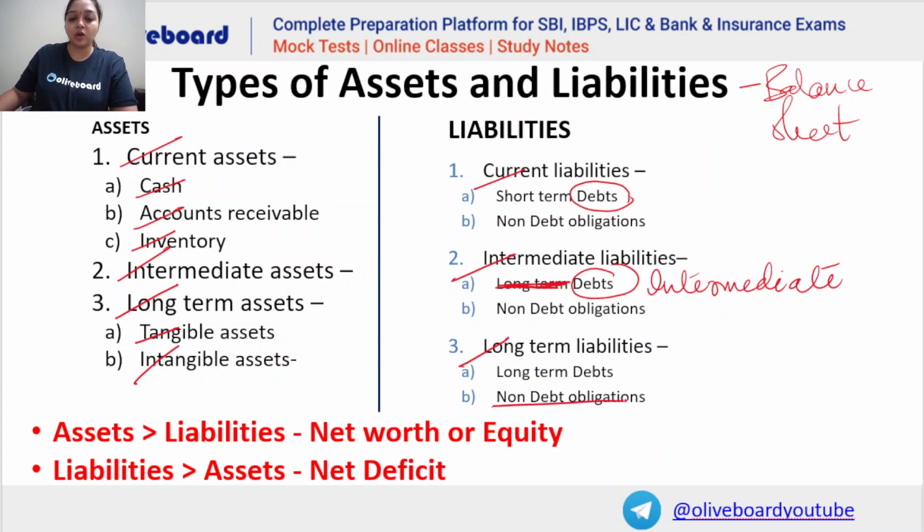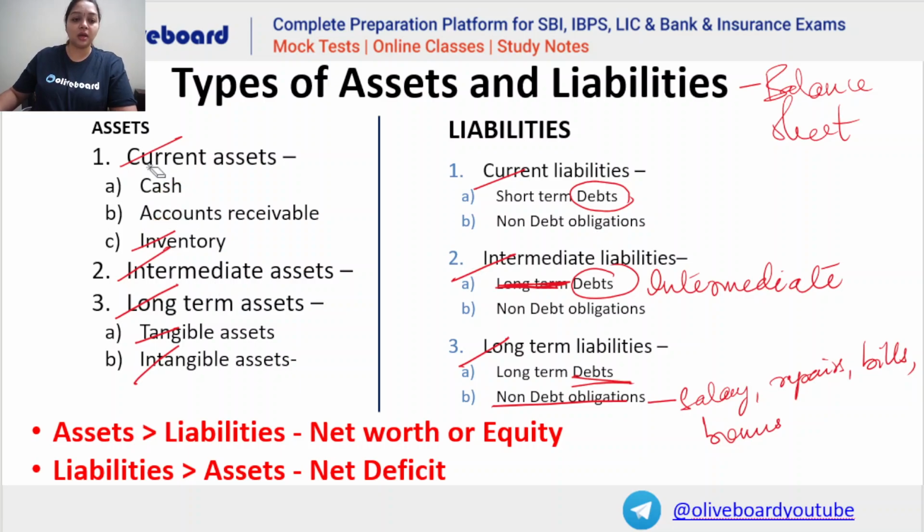So non-debt obligations can be anything. All expenditures like your salary, repairs, bills and whatever other bonuses that you need to pay for your employee. Any other expenditure other than loan will come under non-debt expenditure. Right.